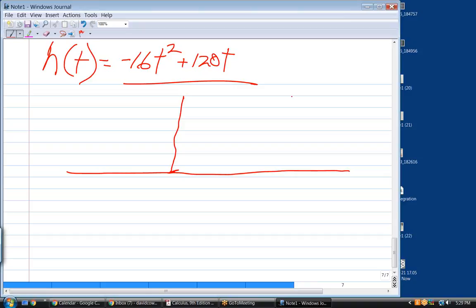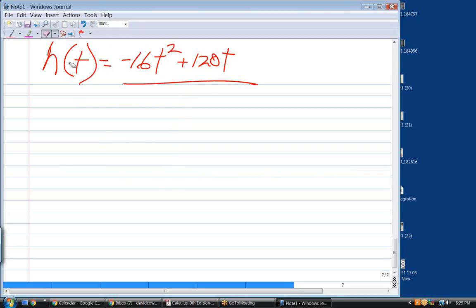What was the question? What's its velocity after what? After 5 seconds. Okay, so after 5 seconds, if it was going 120 the whole time, it would have gone 600 feet. But it wouldn't be going up. Right, because it's going to slow down.